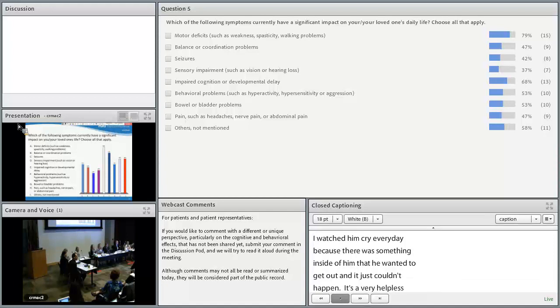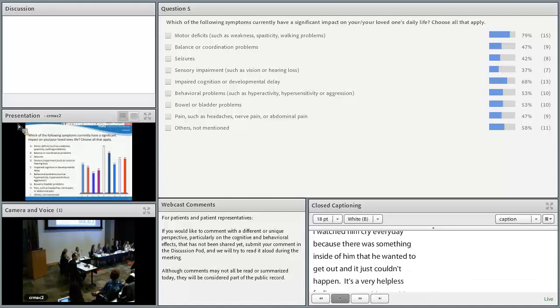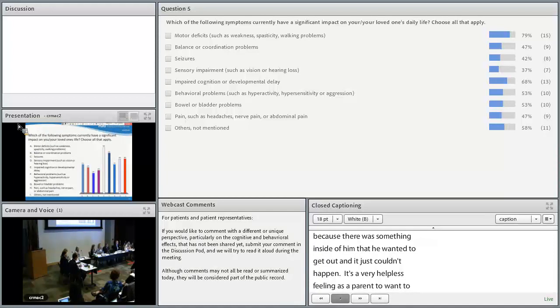And it's a very helpless feeling as a parent to want to help your boy or your girl and see them lose everything. And what I felt was a lot of his behavioral issues were due to frustration around losing skills, and so maybe they were connected in a way because he knew he used to be able to do something they couldn't anymore, and that was really hard for him.